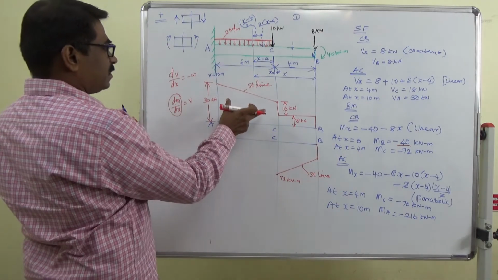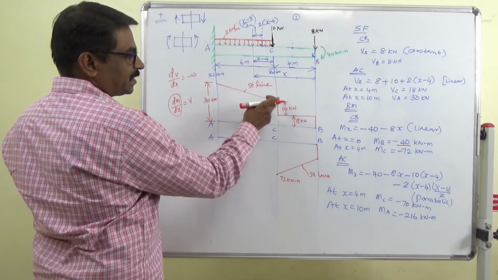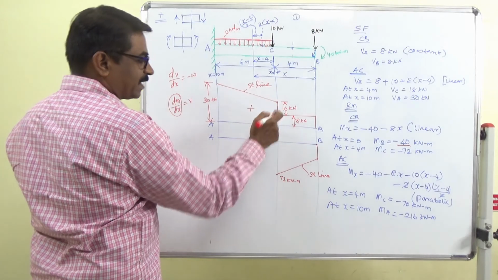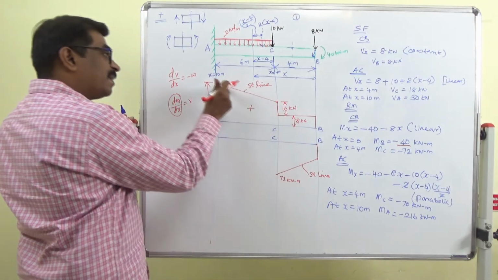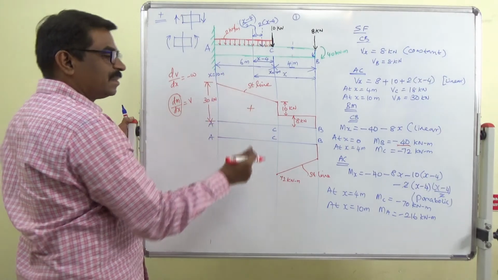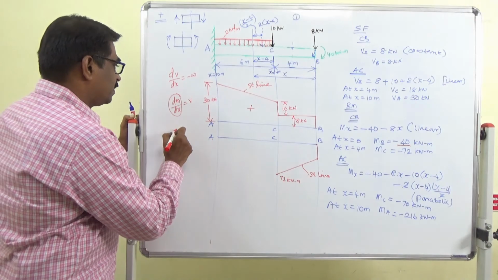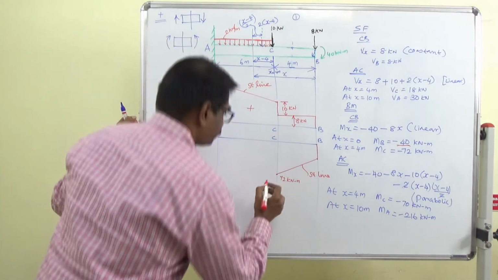Then between AC there is a jump in the shear value, so the slope is changing at the junction itself, and then the value is increasing. The slope will change in the bending moment diagram using this expression.